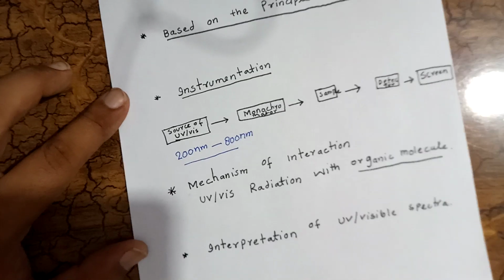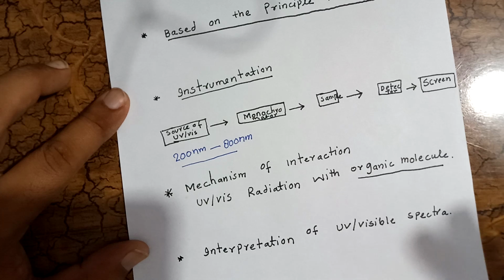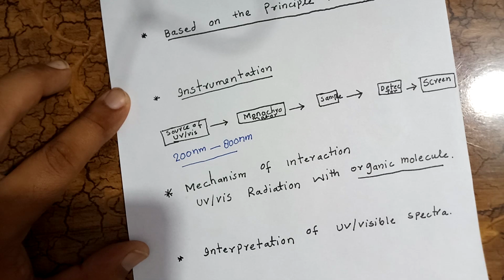Okay, so how does UV visible light interact with an organic molecule or any other species? When UV visible light falls on an organic molecule or any other molecule, that molecule has valence electrons, and they are present in their own energy levels. Some of the energy levels are sigma levels, some are pi levels, and some electrons are present in the n level.